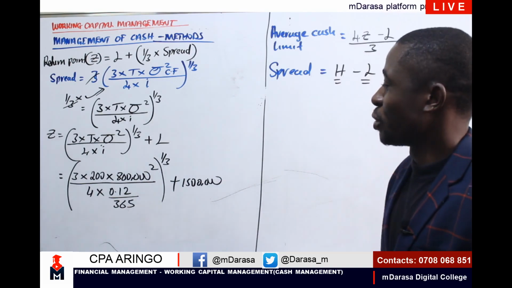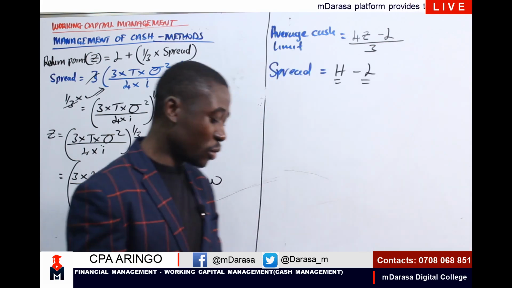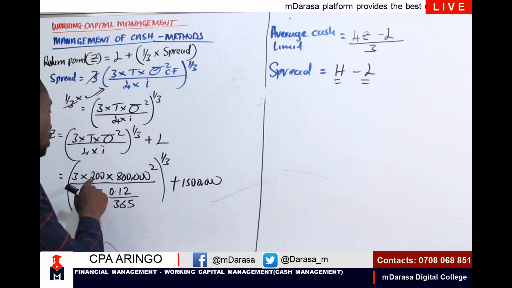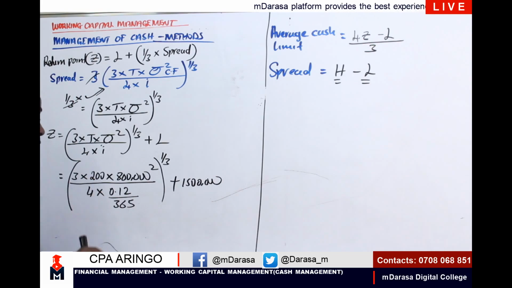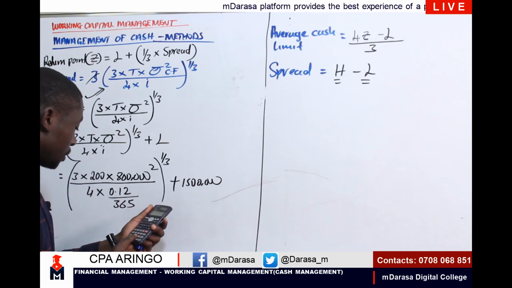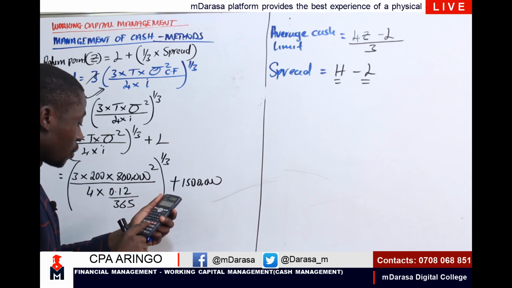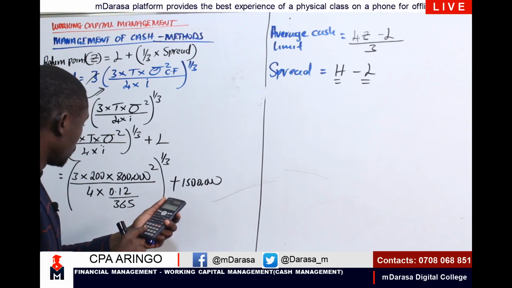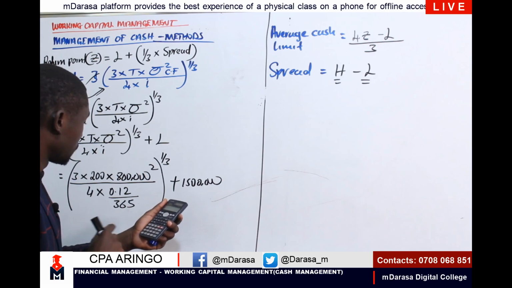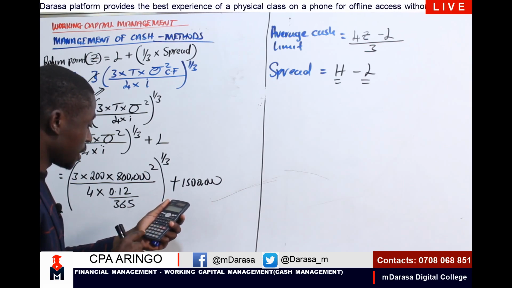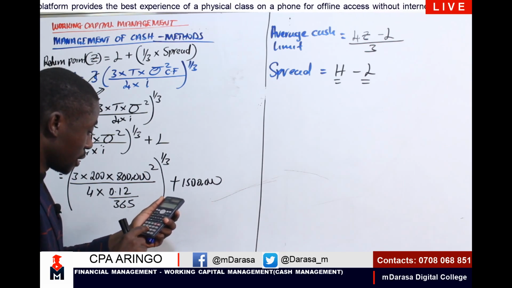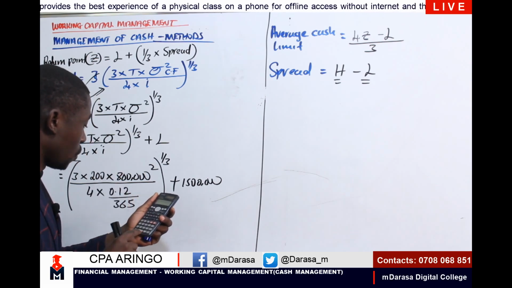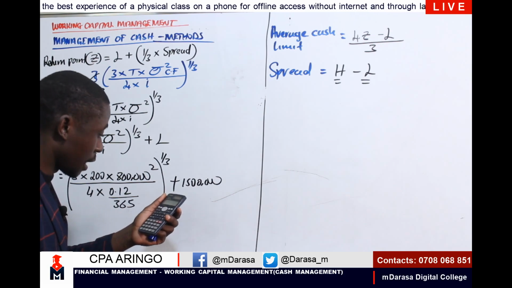So this is what you are going to do. We start with our numerator here. I'm going to have 3 times 200 times 800,000 squared, which gives me my figure there.